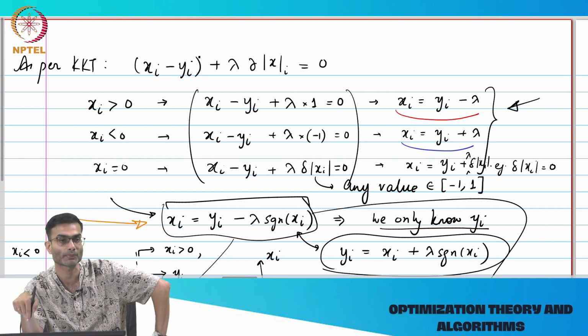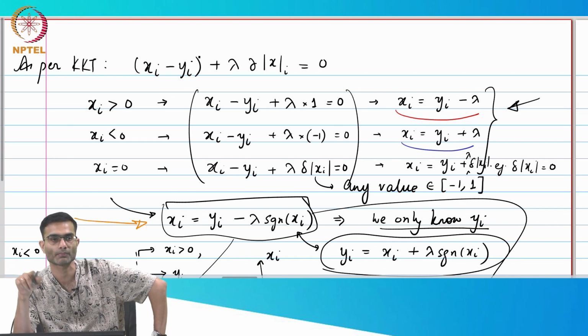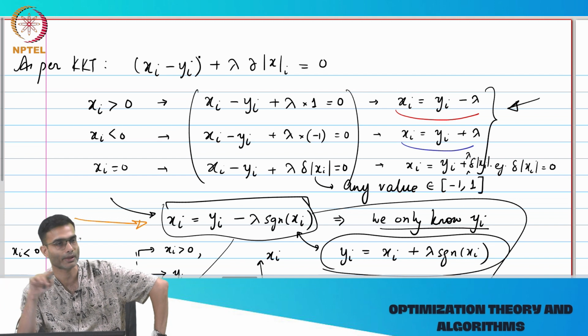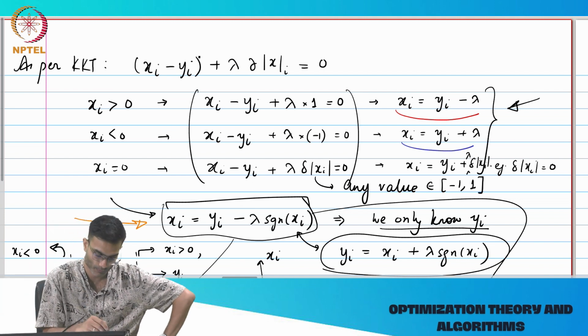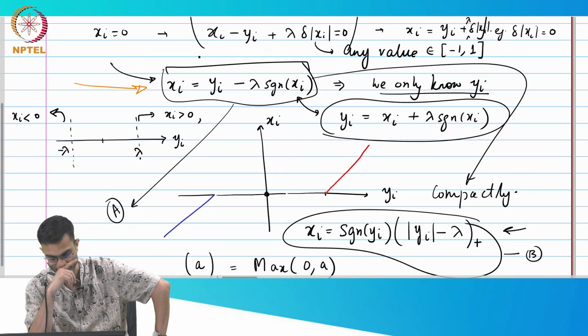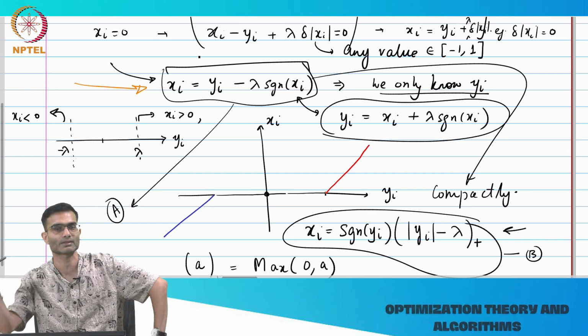No, there's a lambda multiplying there. As y goes from minus lambda to lambda, the subdifferential goes from minus 1 to 1. Therefore, xi equal to 0 remains xi equal to 0. Correct, you're right. So the subdifferential tracks the value. So this graph is also fine then. Xi remains at 0 as yi goes from minus lambda to lambda.